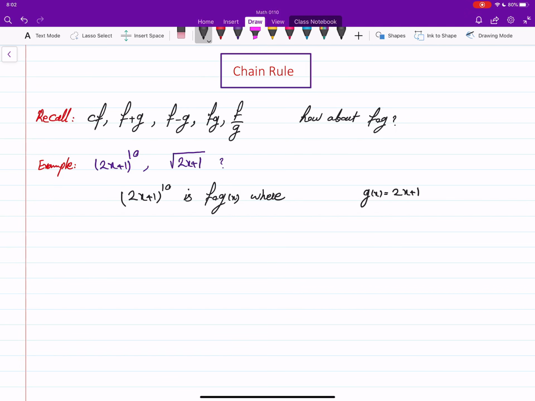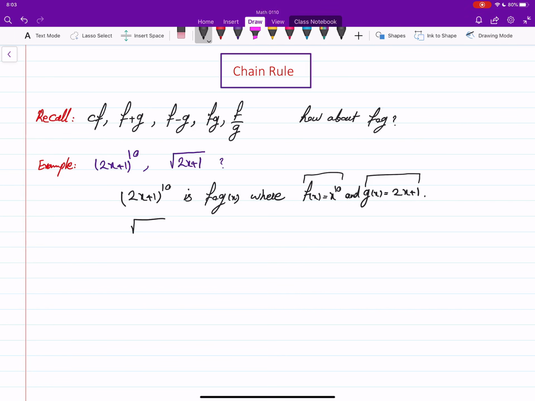Then when it is 2x+1, we plug it into f(x), which is x to the power 10. Now I know the derivative of this guy. I can differentiate that. Can I use somehow these derivatives to find the derivative of (2x+1) to the power 10?